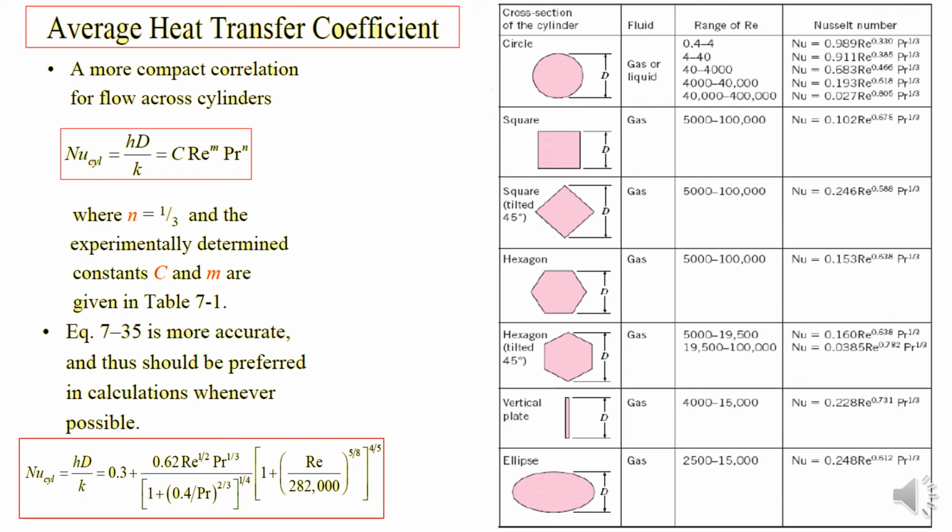On your right-hand side, we have a few cross sections of the cylinder, and from there you can determine the values of C and m stated in Table 7.1. Although you can use this equation, note that the Churchill and Bernstein equation for cylinders is more accurate, and you should use it whenever possible.